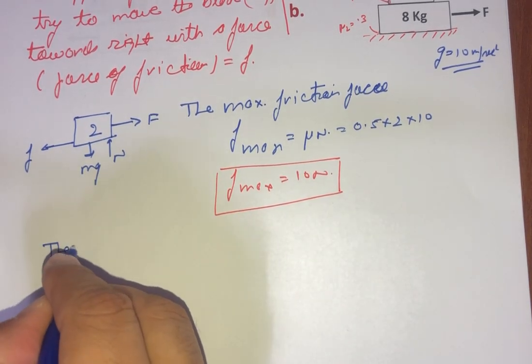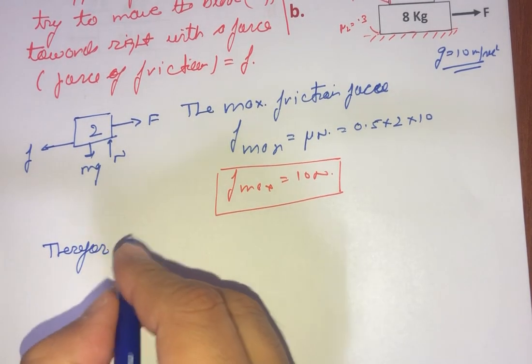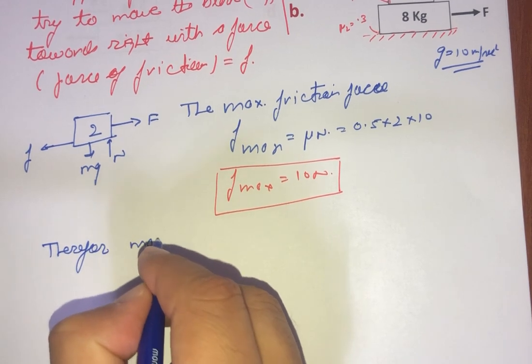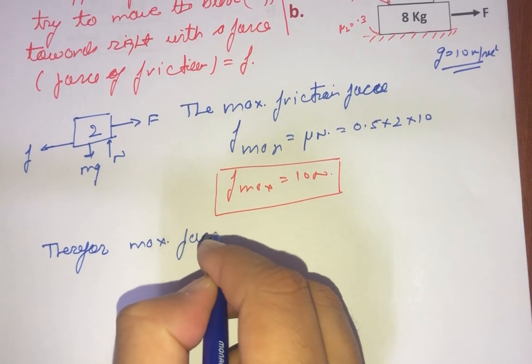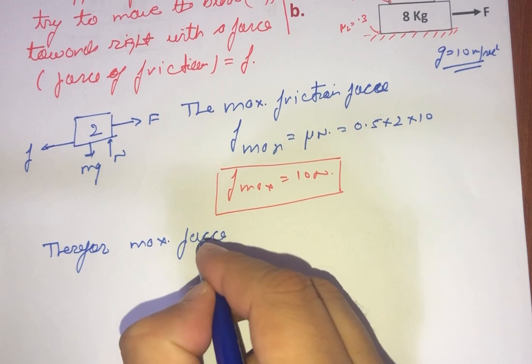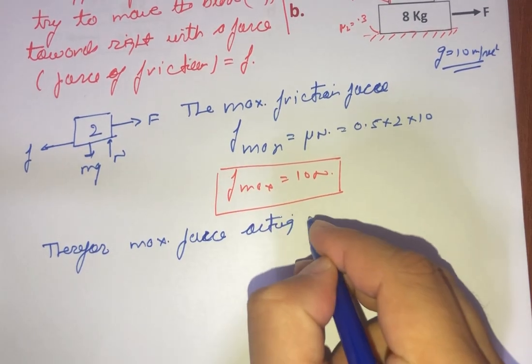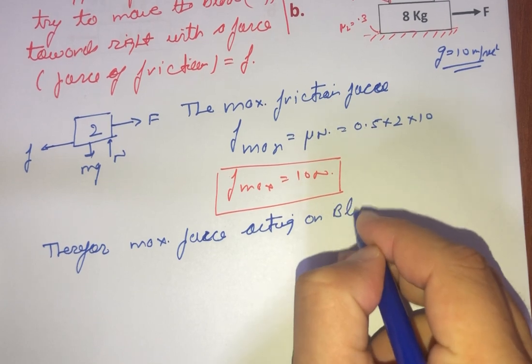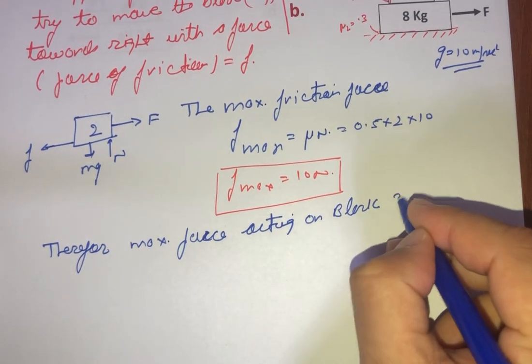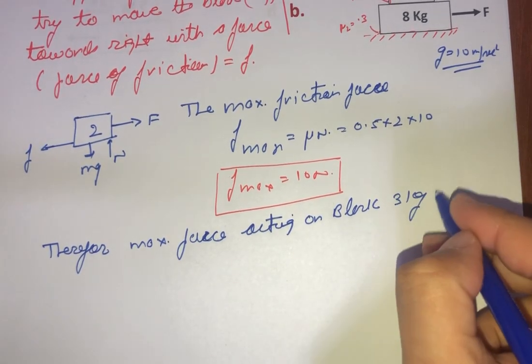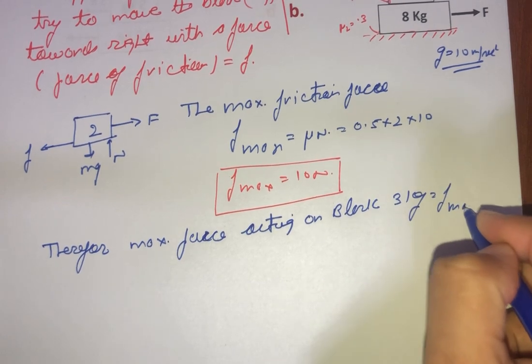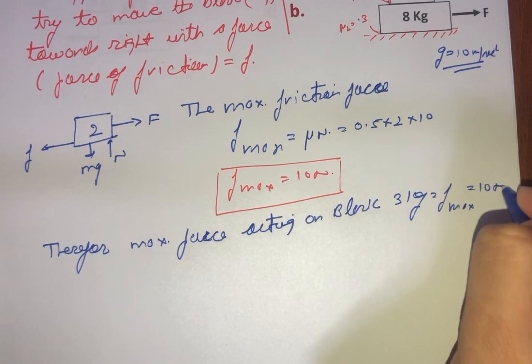Therefore, the maximum force acting on the 3 kg block will be equal to F max, which is equal to 10 Newton.